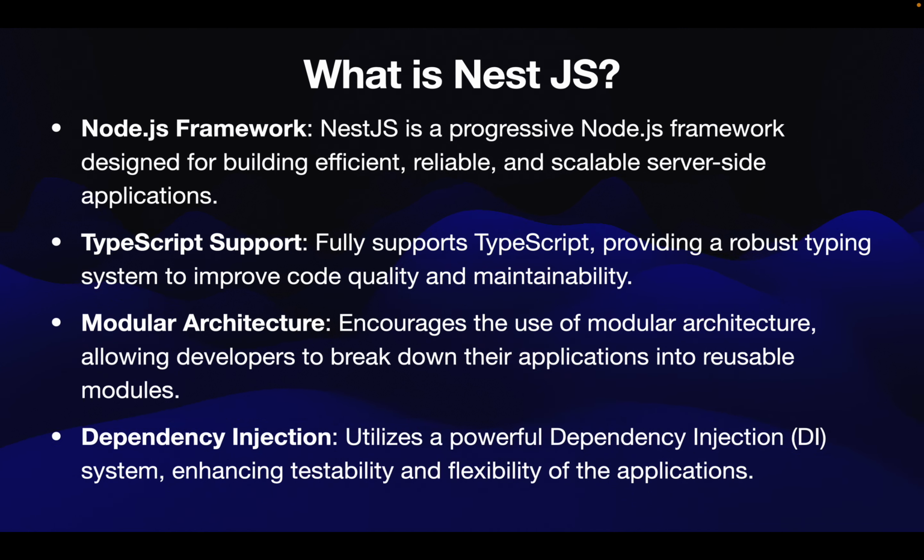But to support JavaScript, because Nest.js uses new syntax, you have to use Babel for compiling and transpiling. Okay, modular architecture. It encourages the use of modular architecture, allowing developers to break down their applications into reusable modules. That is why I switched from normal Express or Fastify.